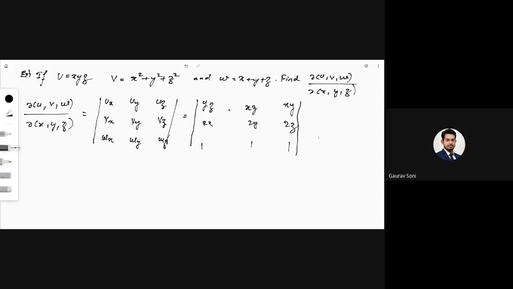So you can actually find out the determinant here by, first of all, interchanging the first and third rows, giving minus to the determinant using the properties of determinant. That way you can do it, or you can directly go on finding out the determinant.